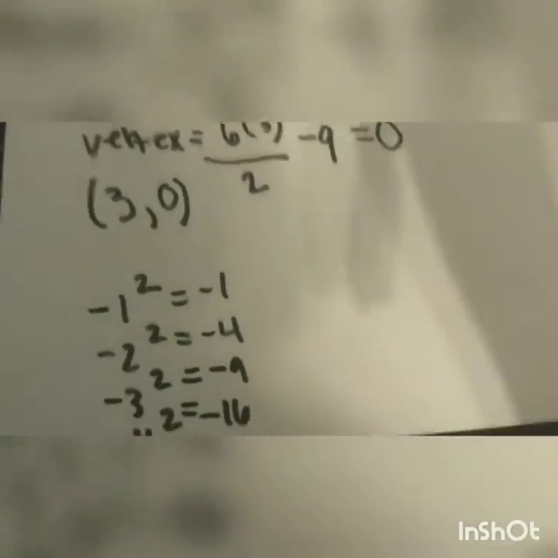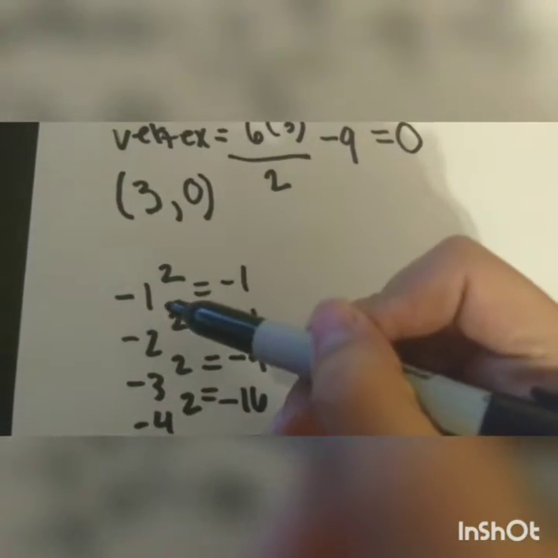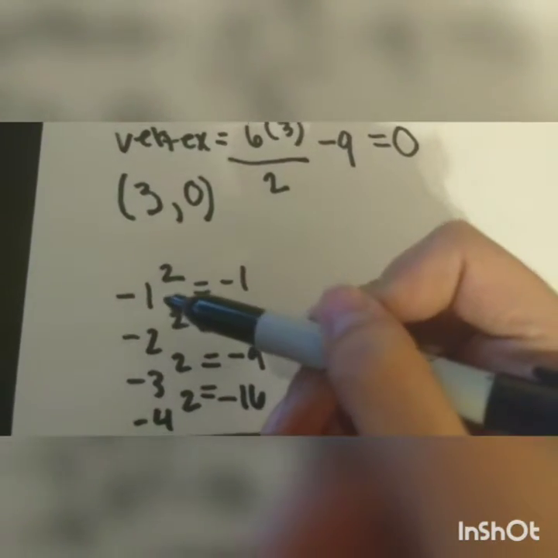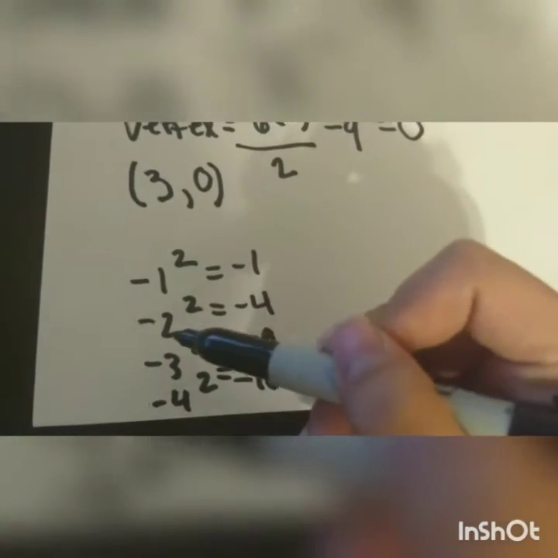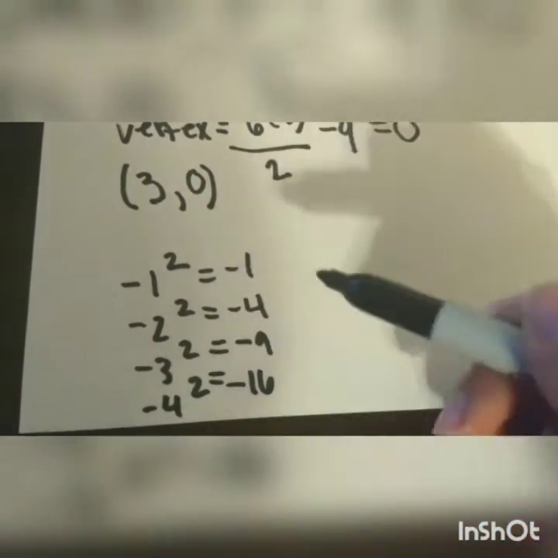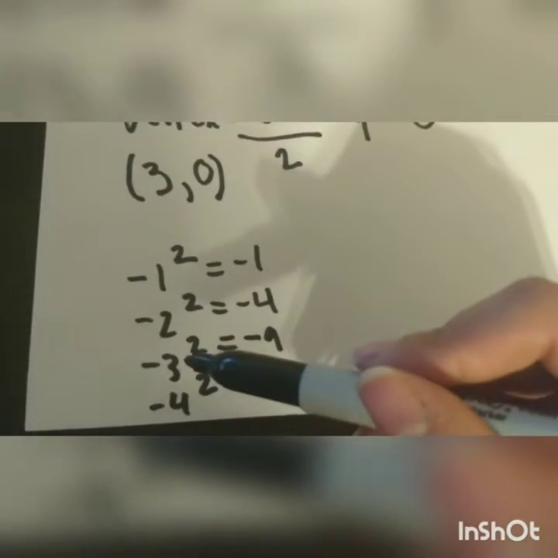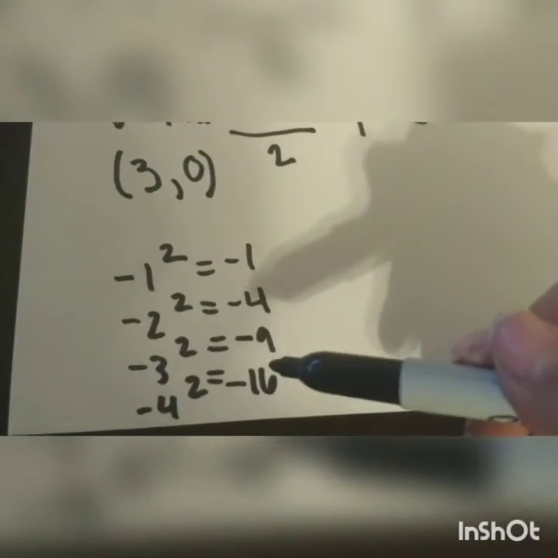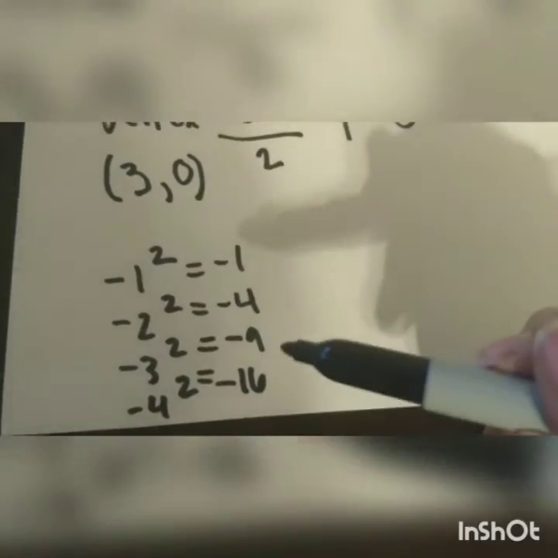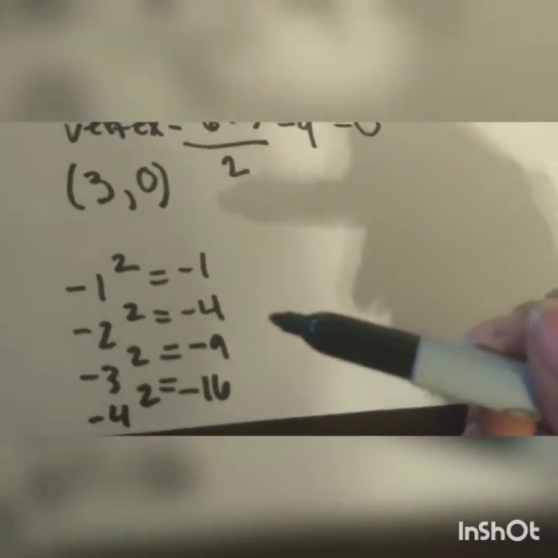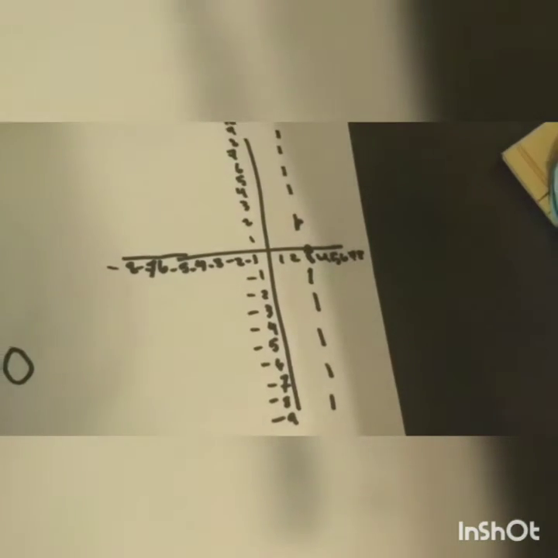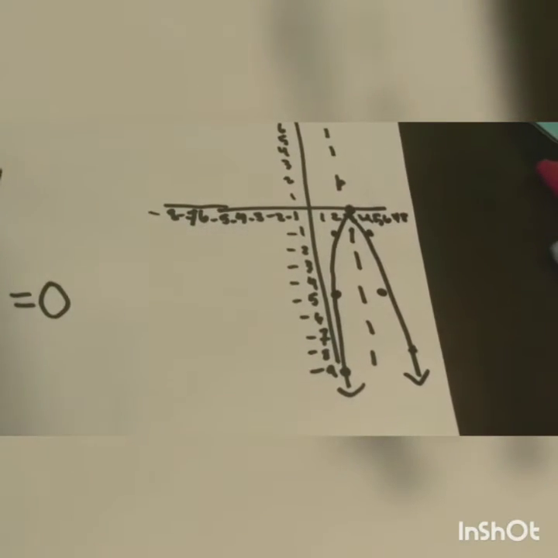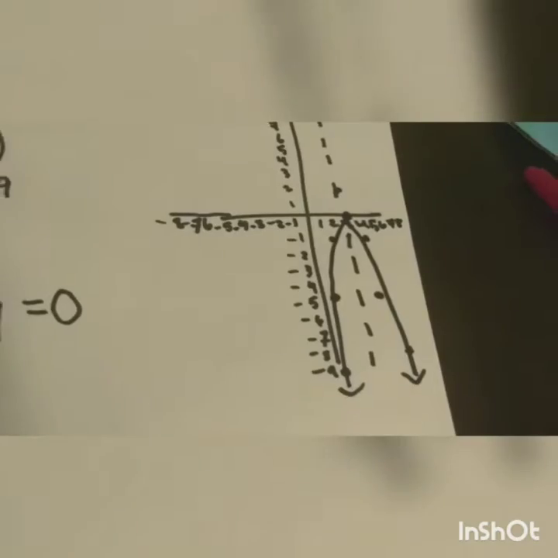So because it is 1, I'm going to move to the right and left 1 and go down 1, move to the right and left 2, go down 4, move to the right and left 3, and then go down 9, and you get the idea from there. So let me go ahead and just plot those points here on this graph, and I'll show you once I complete it.